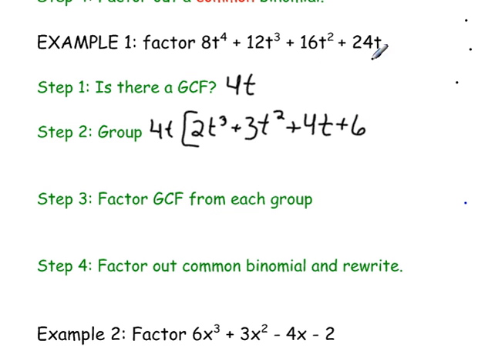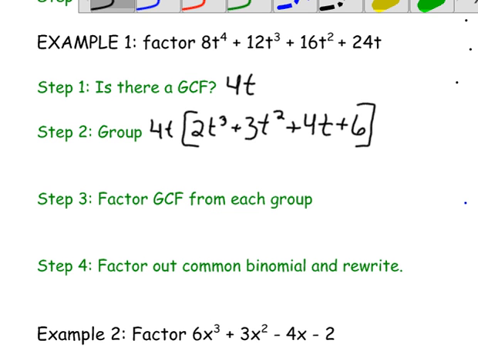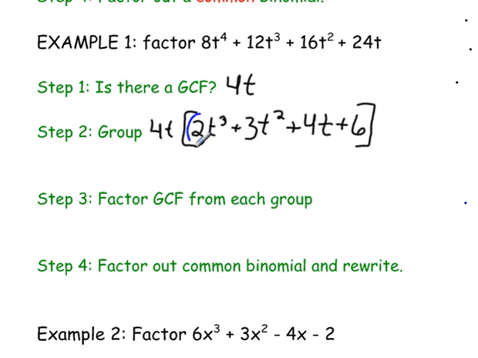And t factored out of t leaves us with simply a 1, or t to the 0. Okay. Now our step was to group these. So I'm going to group here my first two terms and my last two terms.